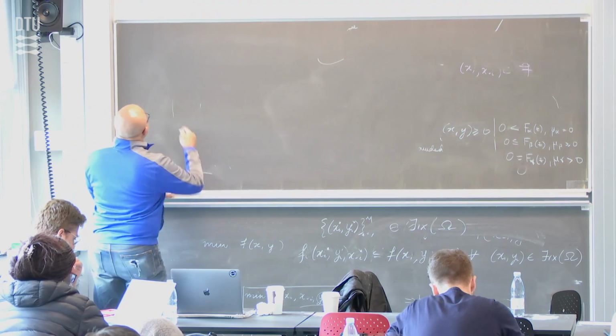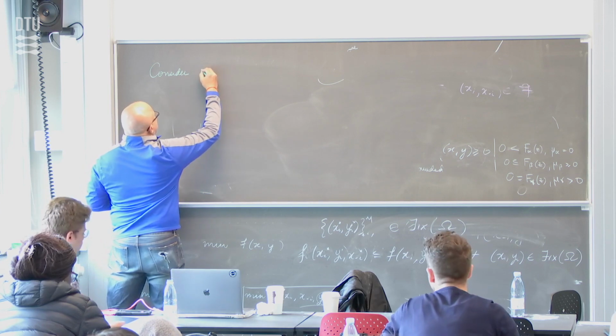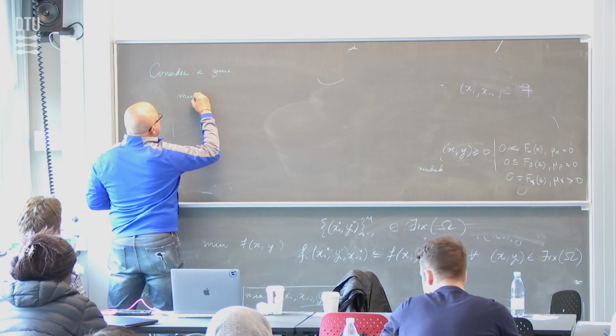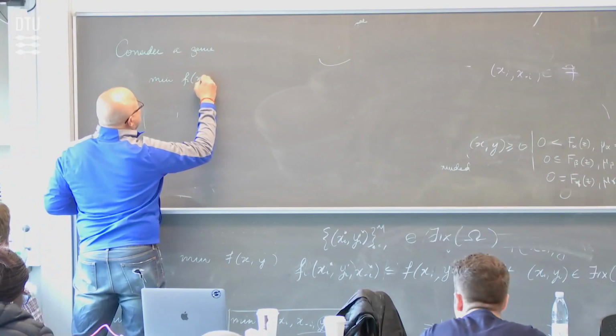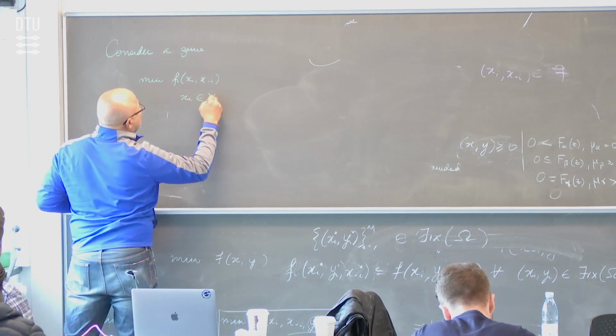So consider a game, minimize f_i of x_i, x_{-i}, and it's a pure Nash game.